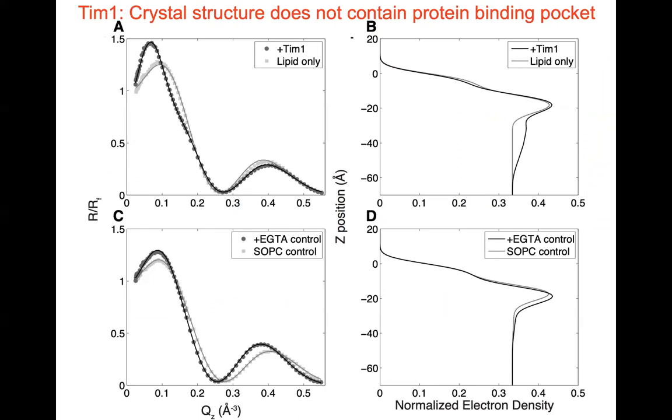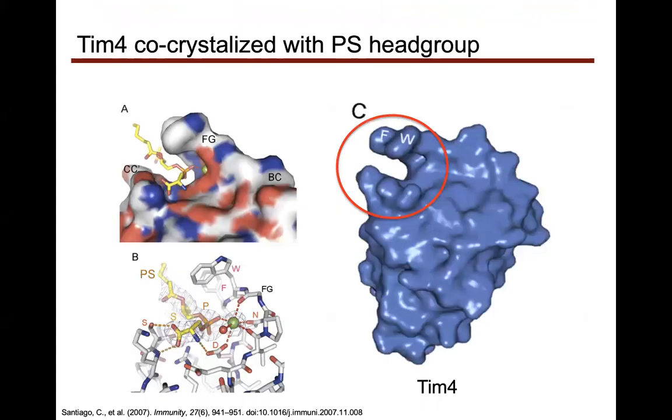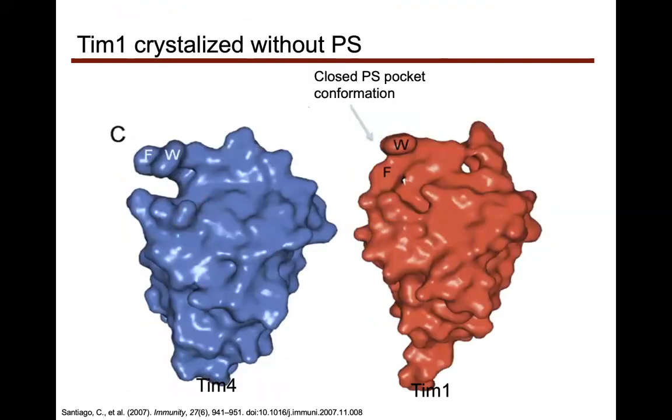And if you recall, in the case of TIM1, the binding pocket in the crystal structure is actually closed, making it also impossible with this iterative process to match to the correct orientation of the binding of TIM1 to the surface. So in order to rectify these differences, we did two different things for the two different proteins. This is just a picture showing the colocalized PS head group with the binding pocket of TIM4 open, which is not the case for TIM1.